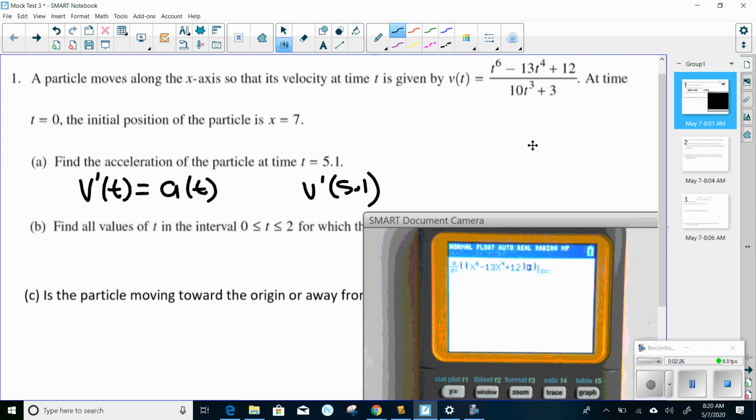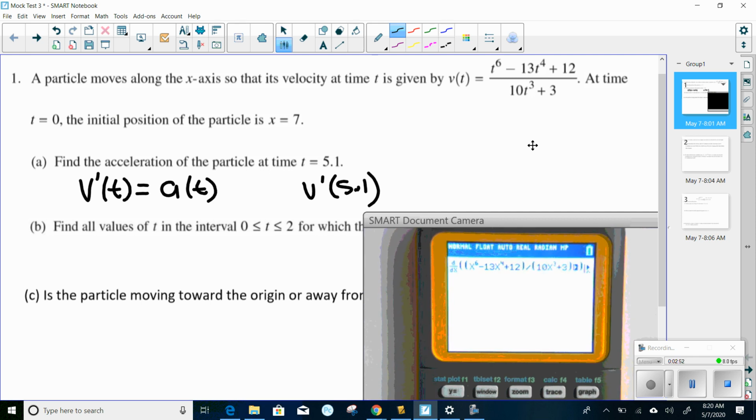I'm going to put that in parentheses, divided by 10x to the 3rd. Oops, I need my parentheses over there, sorry. 10x to the 3rd plus 3, in parentheses. Okay, so I got my function in there.